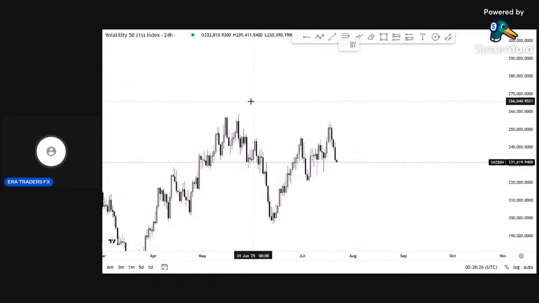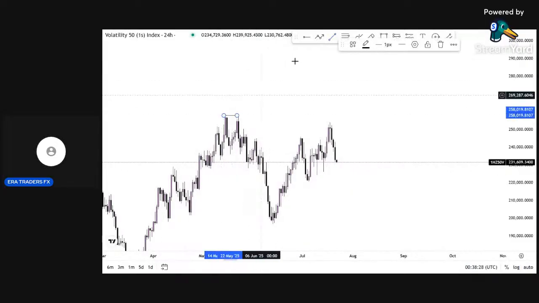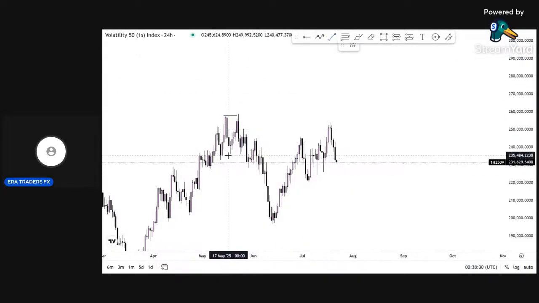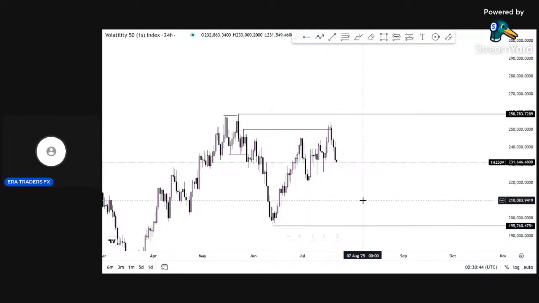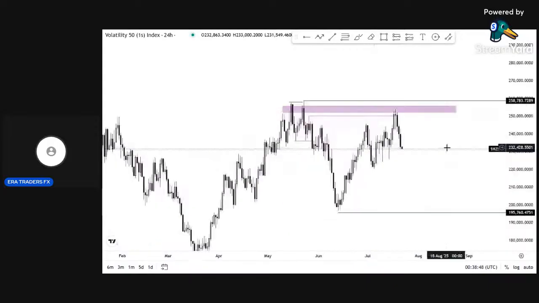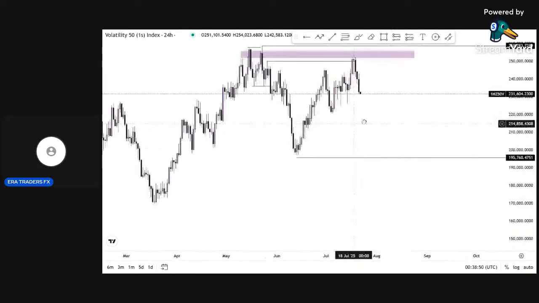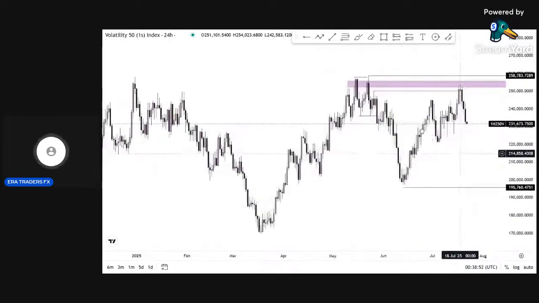Clearly, you could see a sweep of this high, break of structure to the downside, structural liquidity, and using that to add this as a protected high, and this as our target. So this is our protected high, and if you see price is tanking, that's where price is coming from.